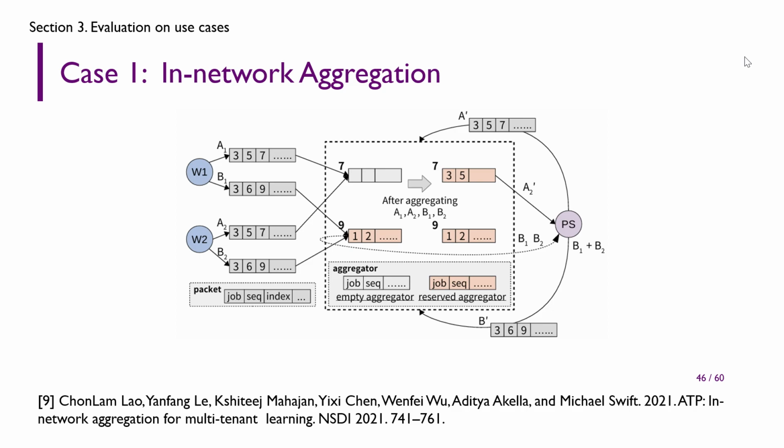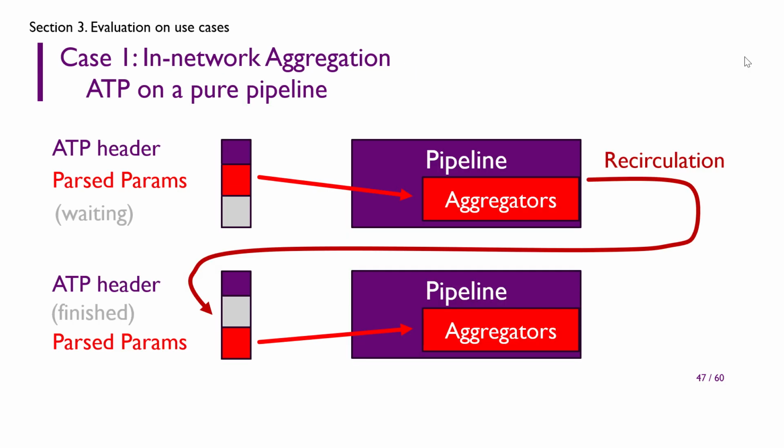Case 1. In-network aggregation. The distributed machine learning can engage the programmable network devices for in-network aggregation to accelerate the training process. The ATP scheme proposed in 2021 uses the pipeline-based switches.